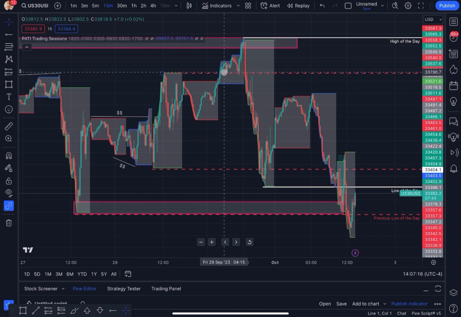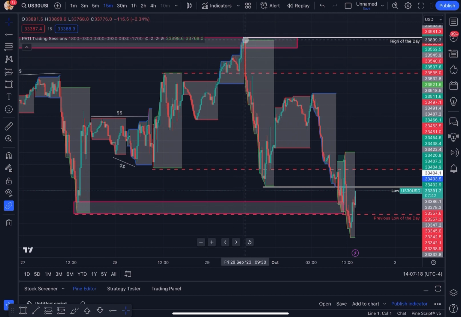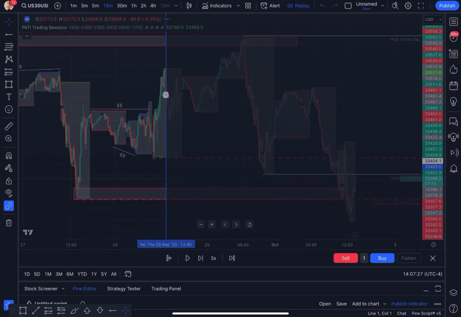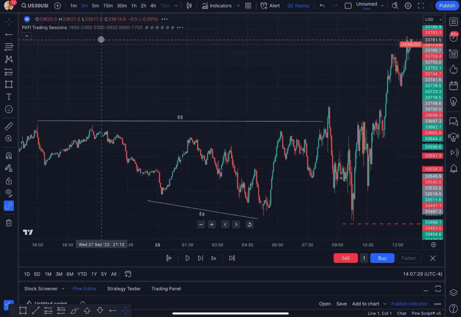London session, I don't trade in the beginning of London session at all. So this wouldn't have happened unless we had traded right here, which hit the zone. But what I was waiting for was right here. We go on to the 3-minute, because we can refine this better too.